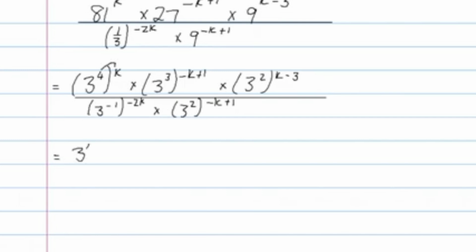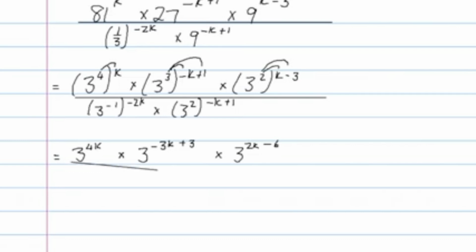4 times k is 4k, and then multiply by 3 to the power negative k, it's 3 to the power negative 3k, and then 3 times 1 is 3, so it's plus 3, I mean. And then you go to the last number, it's 2 times k, which is 2k. 2 times negative 3, it's negative 6.